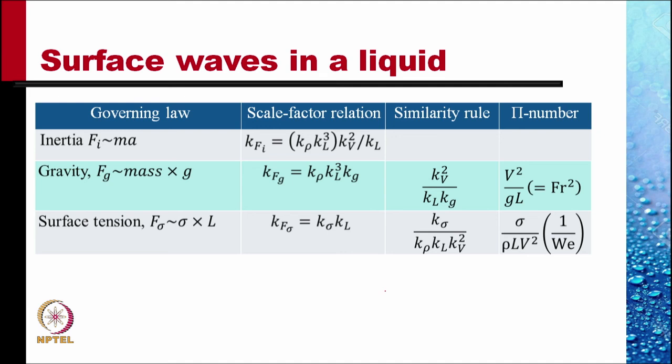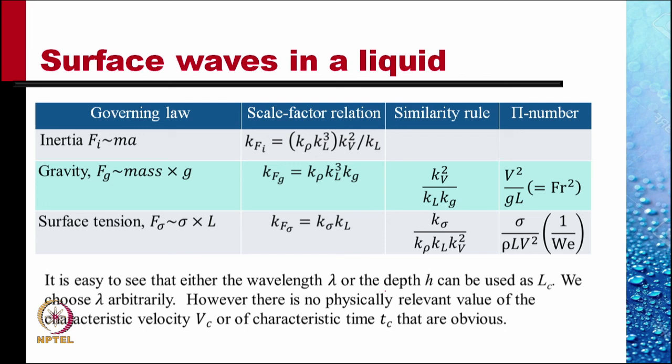The first one is recognized as the square of Froude number, and the second is given the name Weber number. In fact, it is the reciprocal of the quantity defined as Weber number. So, similarity requires that these two pi numbers must match.